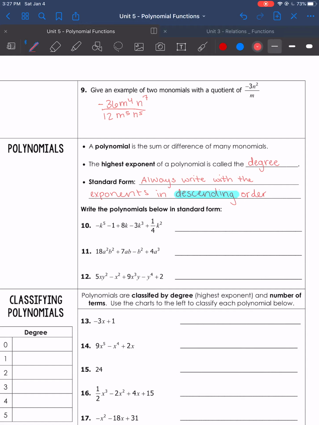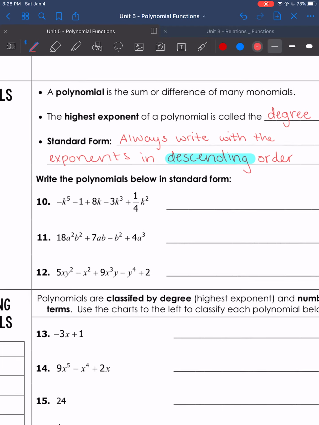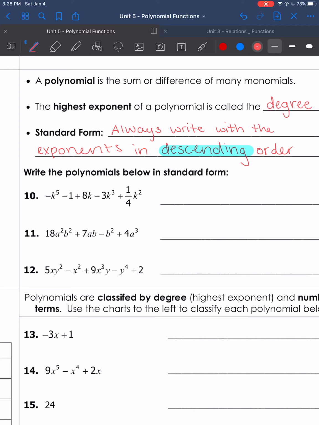Alright. So I'm only going to do one of these because they're pretty self-explanatory, and I'm going to do 11. So when you're writing them in standard form and there's two variables, you start with the highest one in the alphabet. So we have a and b here, so a comes first. So I would have 4a cubed because a cubed is the highest.